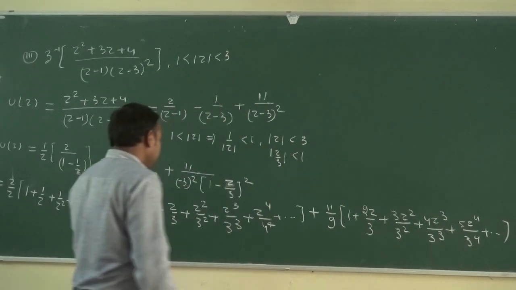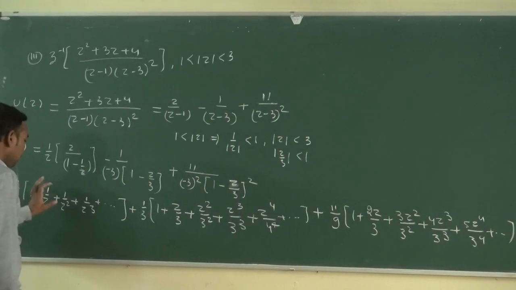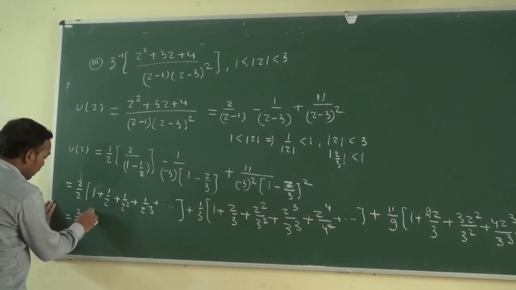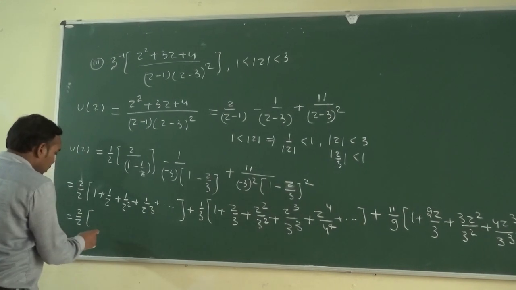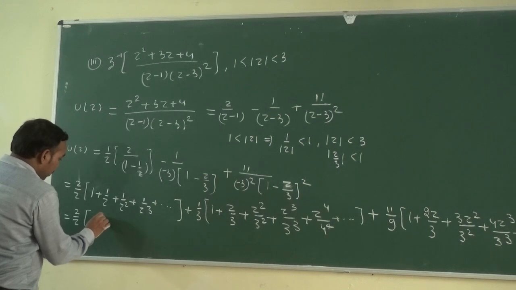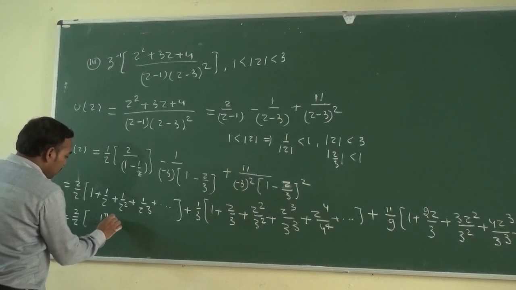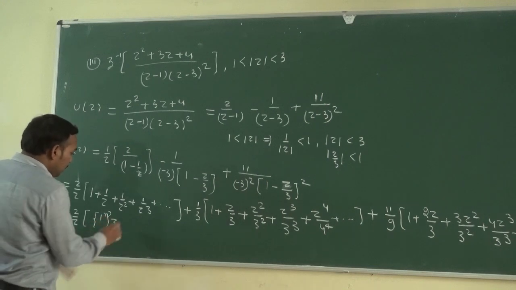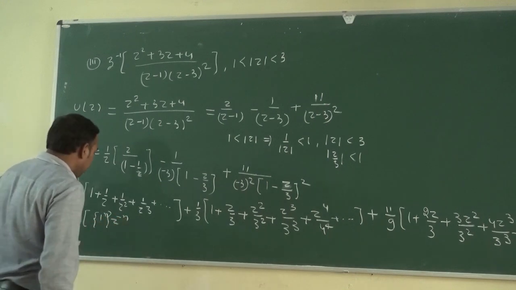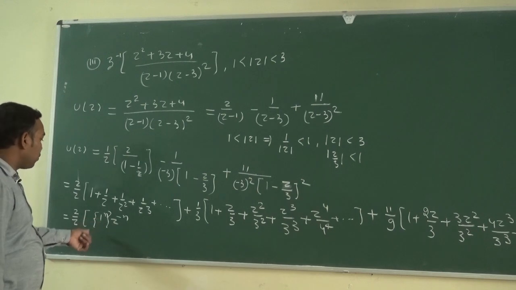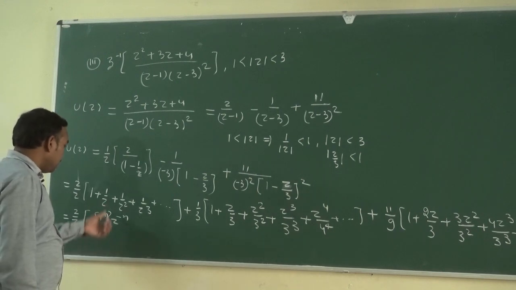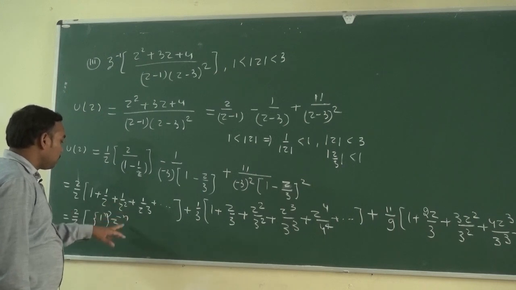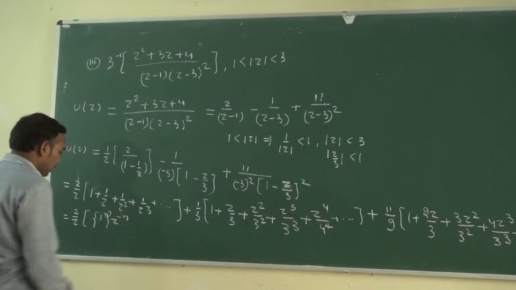Means we can say this can be written in sequence form. 2 upon z can be written as 1 to the power n, z to the power minus n. So n equal to 0, 1; n equal to 1, 1 upon z; n equal to 2, 1 upon z square.